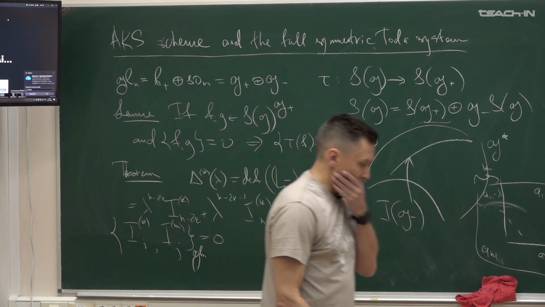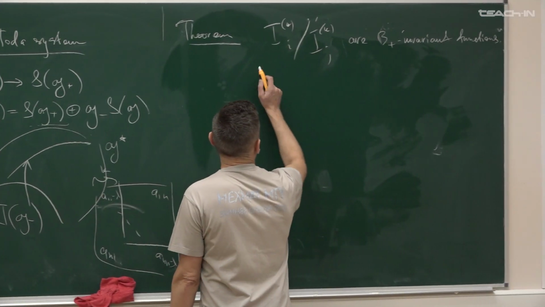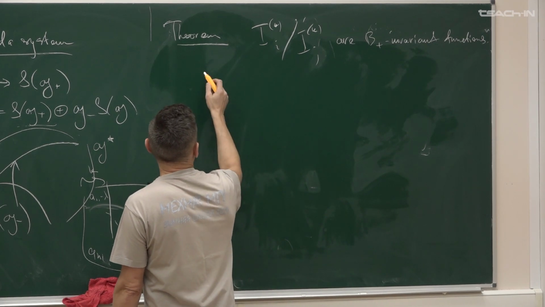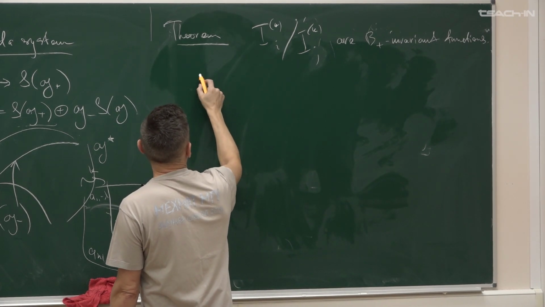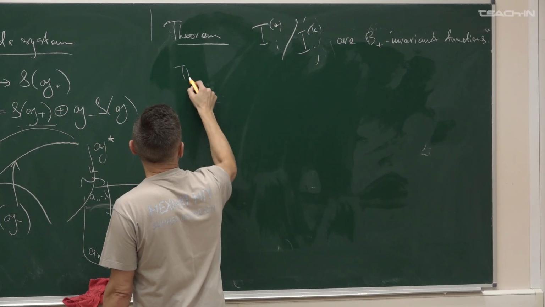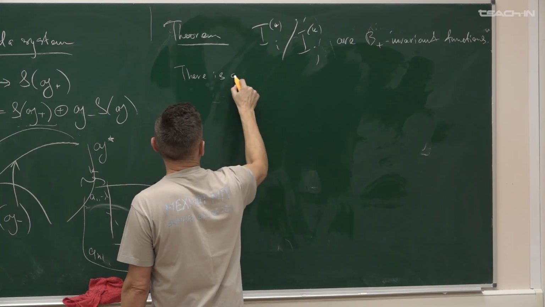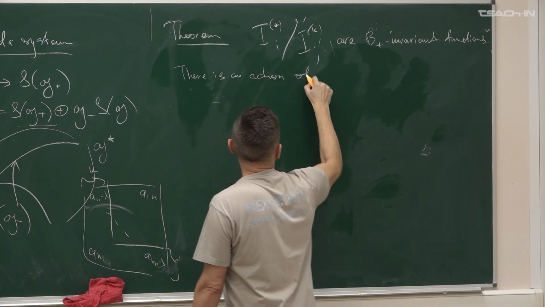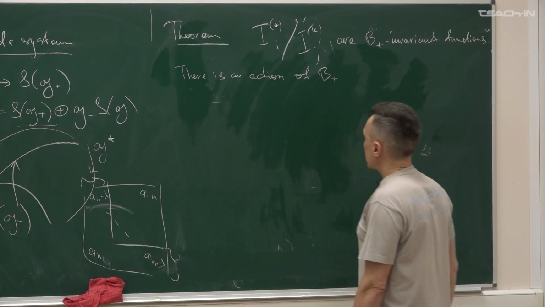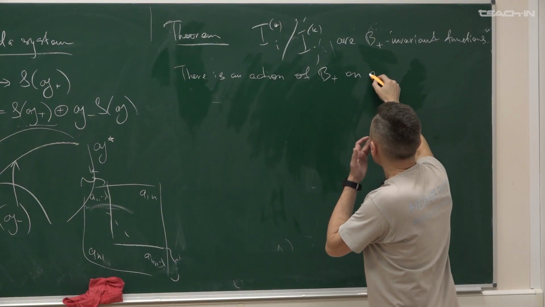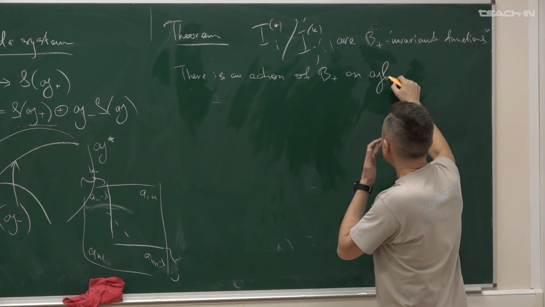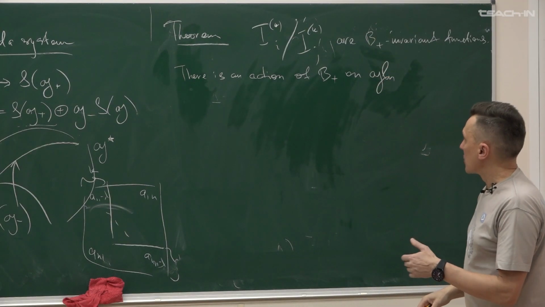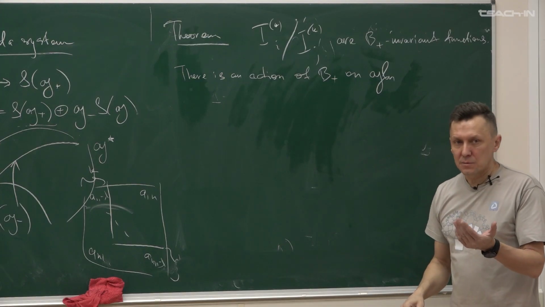And what it means is that there is an action of the group B plus on GLN, which is the adjoint action.